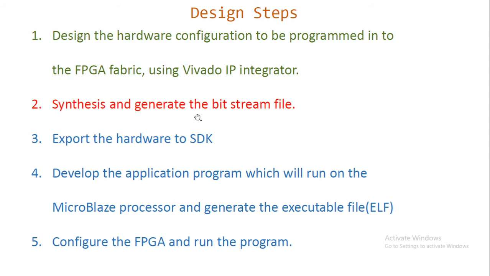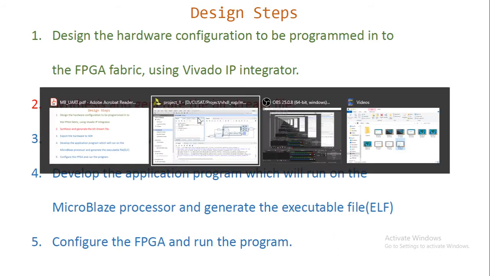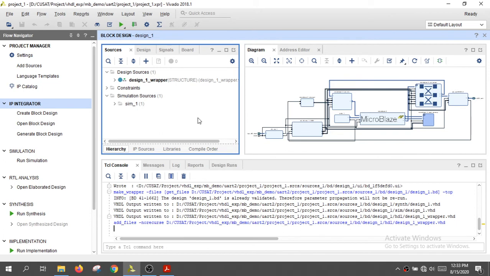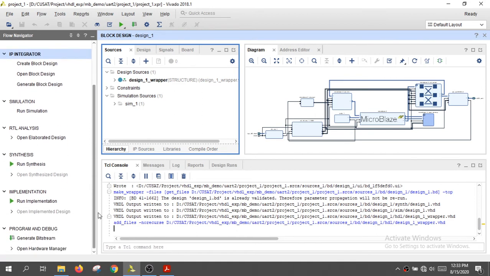So let's move on to the second step, that is synthesizing and generating the bitstream file required for configuring the FPGA. So we'll go back to Vivado. On the left side in the flow navigator, we can see there are different options available: run synthesis, run implementation, generate bitstream.